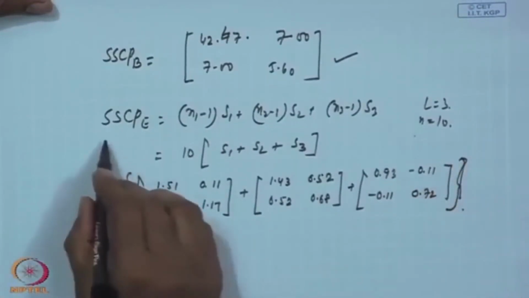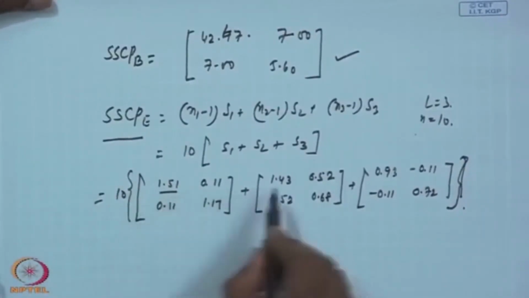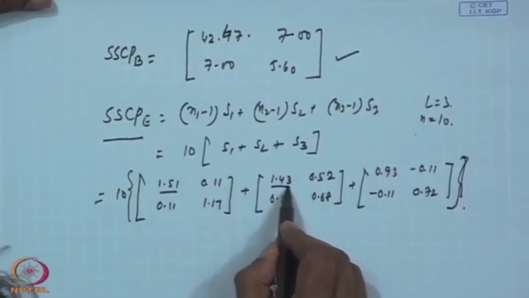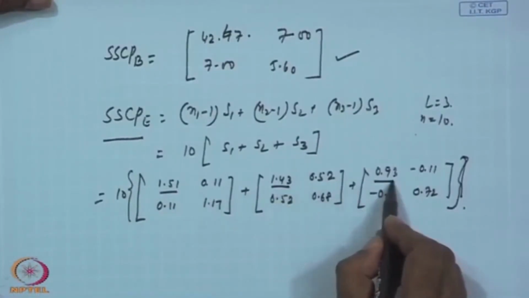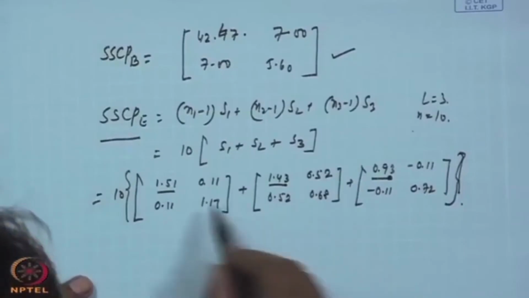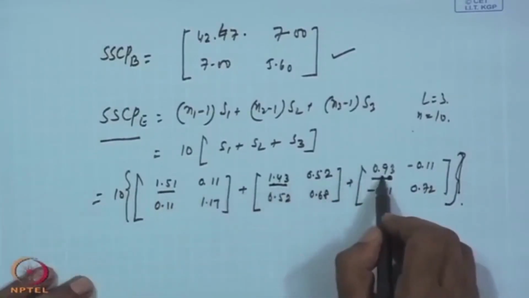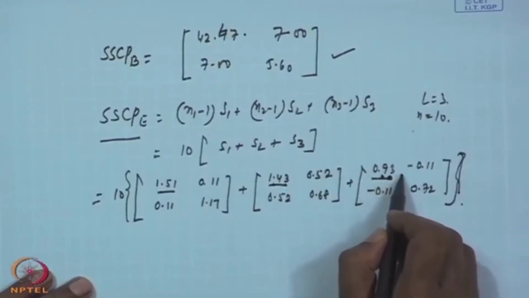This is your SSCP E, and if you see 1.51, 1.43 and 0.93, if you add, what values you will be getting, that 15, 14, the 29 plus 9, almost 33 point something you will be getting.